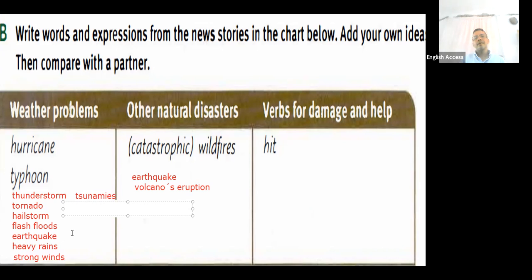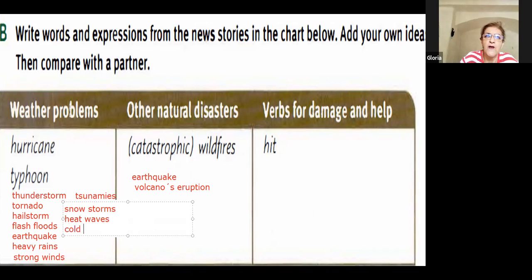What other natural disaster or other weather problems? Snow storms. Any other one? We have waves, right? When it's too hot, there's a heat wave, or a cold wave.